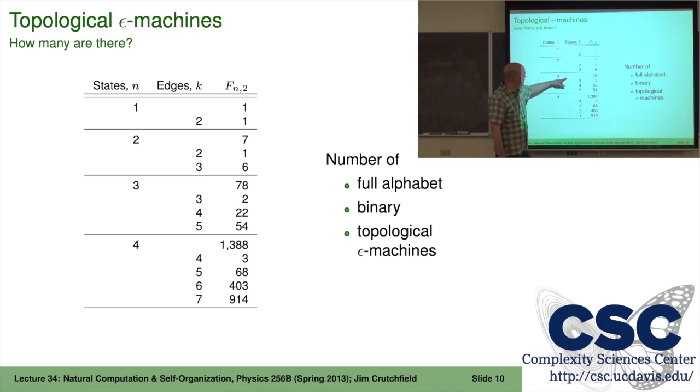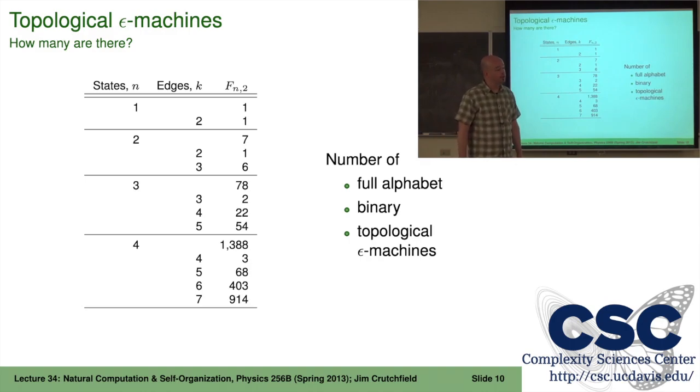And then it's divided out here by, for example, 3 states and 3 edges, there's 2 of them. 3 states, 4 edges, there's 22 of them. And these are full alphabet, which means that these machines must produce both a 0 and a 1. So for example, the machine that has just a 1 edge and gives that 1 is not in here, things like that. So just in terms of the sheer numbers of candidate topologies, this is what you get for topological epsilon machines.